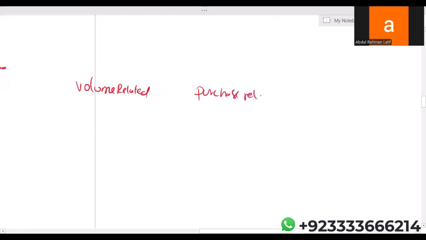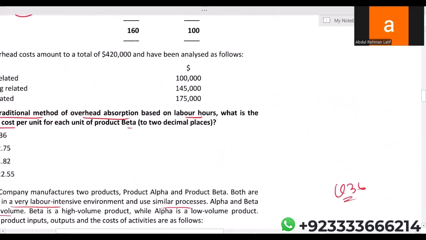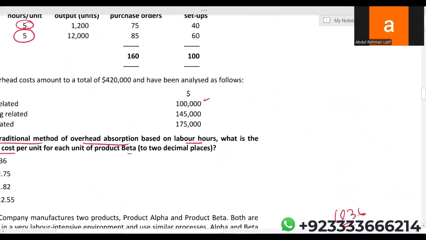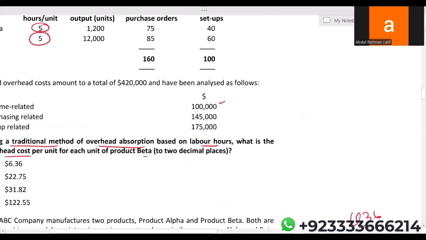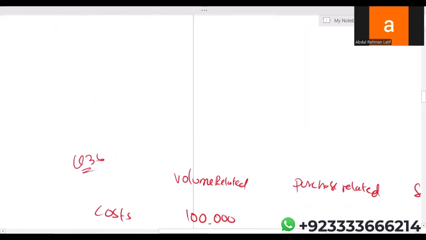Question 36. Volume related overheads, purchase related overheads, and setup related overheads. Volume related cost is 1 lakh. Purchasing related is 1,45,000.